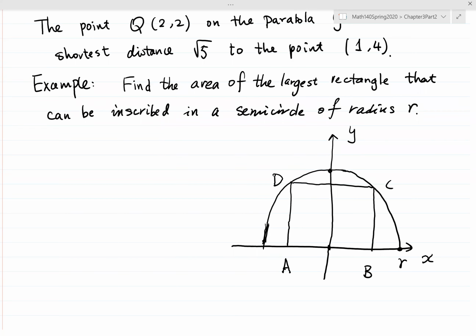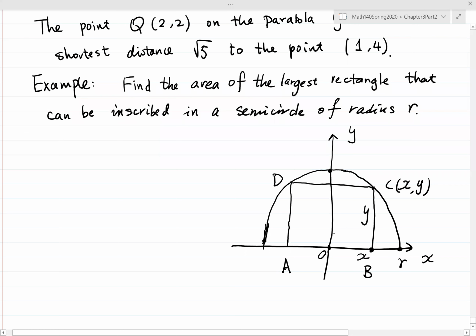First we assume the coordinate of B to be x. Then what is the x coordinate of C? C is x. Now what's the y coordinate of C? Suppose we just call it y. The height is y.